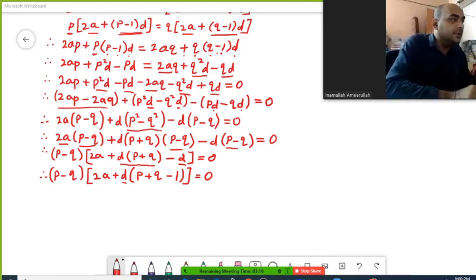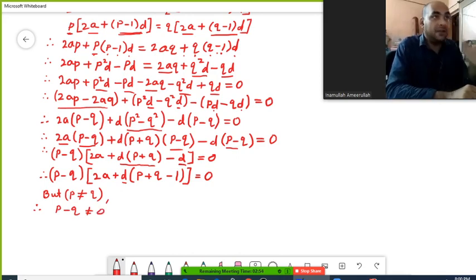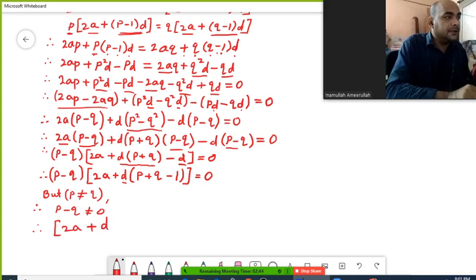So here you will mention, but p is not equal to q, therefore p minus q cannot be equal to 0. Their difference cannot be equal to 0. So it is clear that 2a plus d into bracket p plus q minus 1 is actually equal to 0. Am I correct?